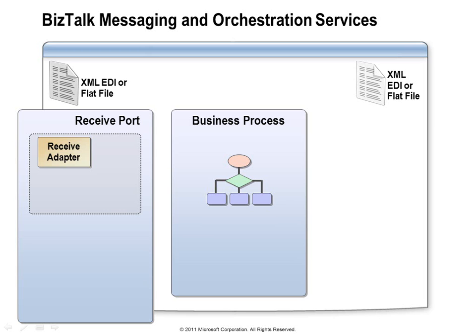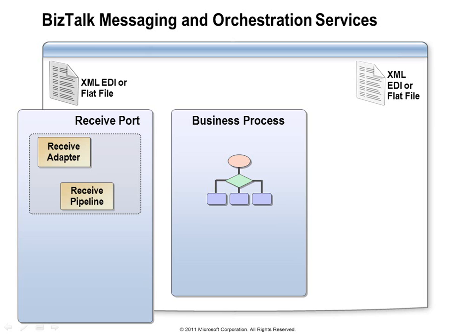So, however it goes about it, the receive adapter is going to read in the body of a message, and it is going to construct the internal objects that BizTalk requires to process that message. Now, as the adapter is reading in the contents of a message, it is going to pass those bytes to a set of components known as a receive pipeline.